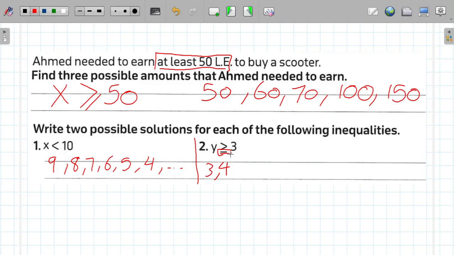Okay, 3 is a solution for the inequality. Okay, so maybe I have 5, 6, 7, 8, and so on. So I'm starting with 3 and I have no end. And here I have 9 and I have no end.